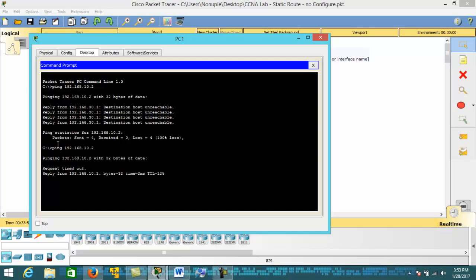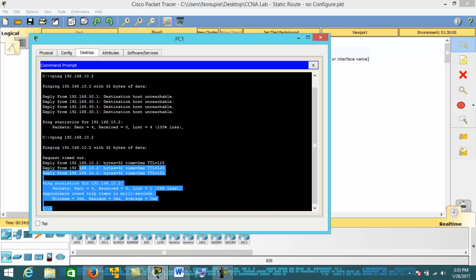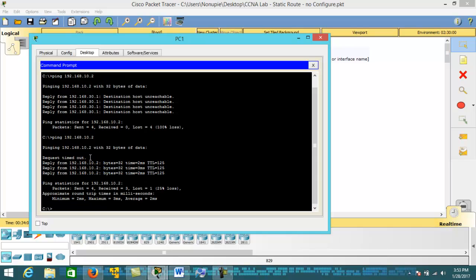The first request is a timeout because ARP, the Address Resolution Protocol, takes place, so one packet is dropped. From then on we got replies back: we sent 4 packets and received 3 packets. One packet is lost because ARP takes place.